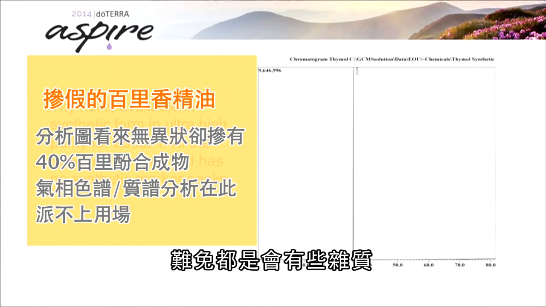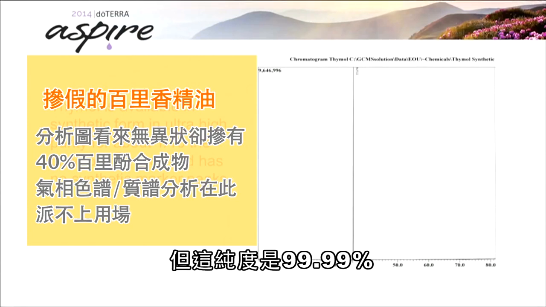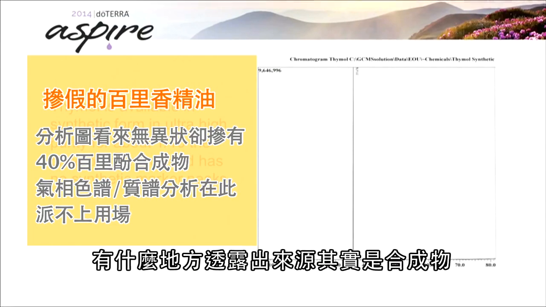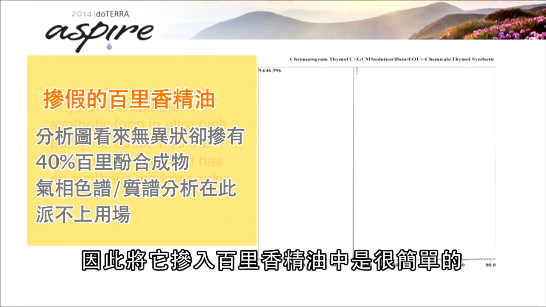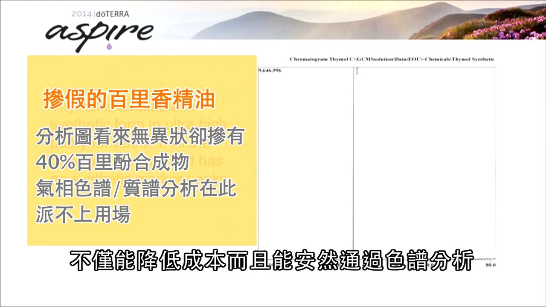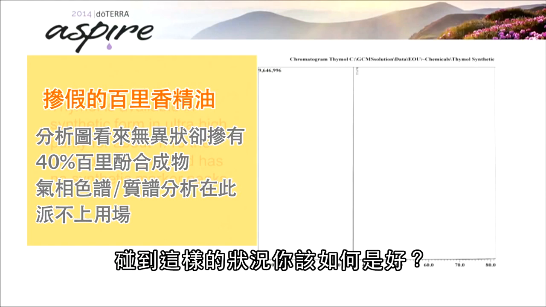There's always some impurity in everything. But it's 99.99% pure, and you can't really tag anything else in there that's going to give it away as being from a synthetic source. So it's very easy to add this to a thyme oil, cut your cost, and have it look natural on the GC. So what do you do in this case?